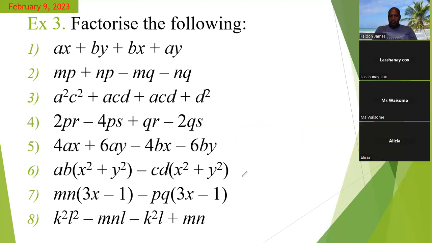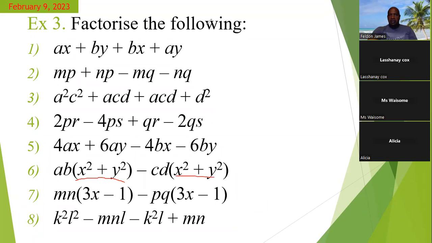Using the distributive law, sir, using what is outside the bracket to multiply what is inside the bracket. All right, so if we do that though, we're just going to do some redundant work. That means we're going to expand it, then factorize it again. But what is obvious here is the brackets are exactly the same.